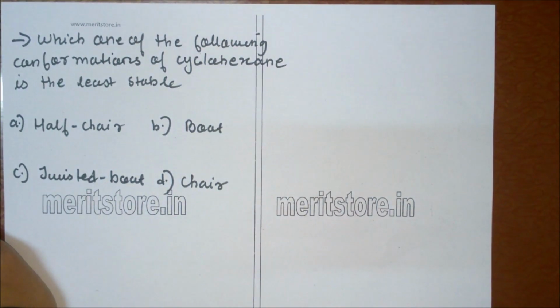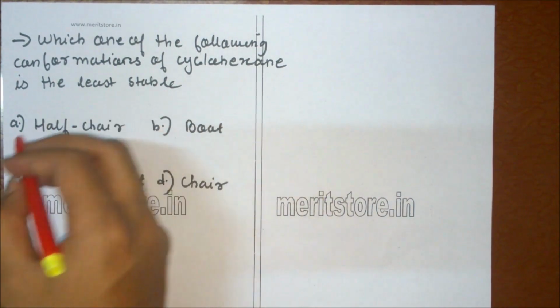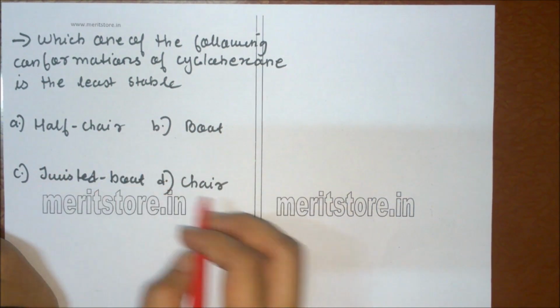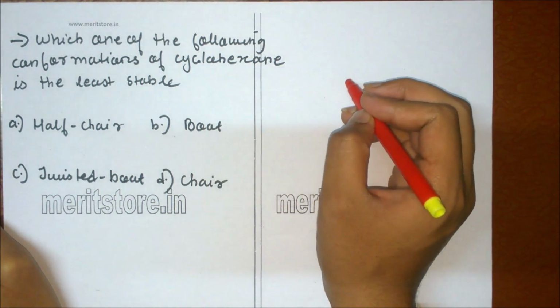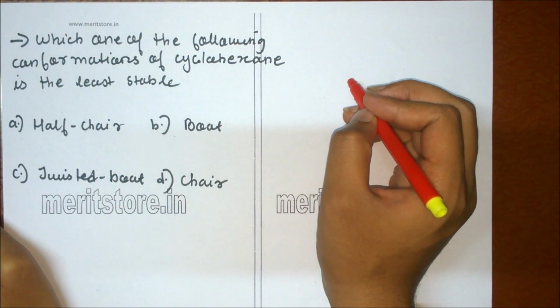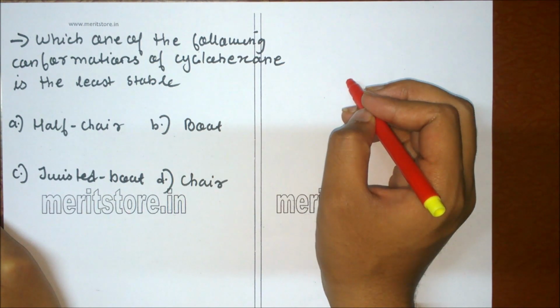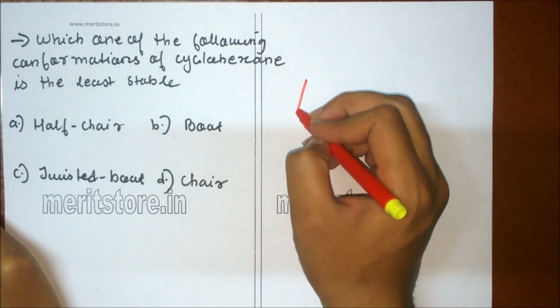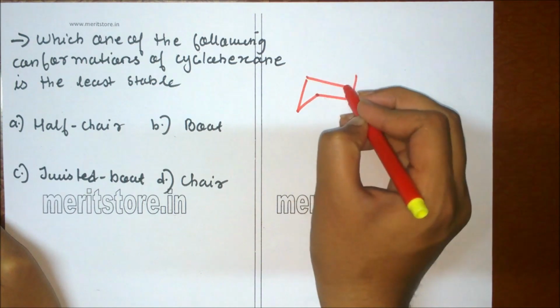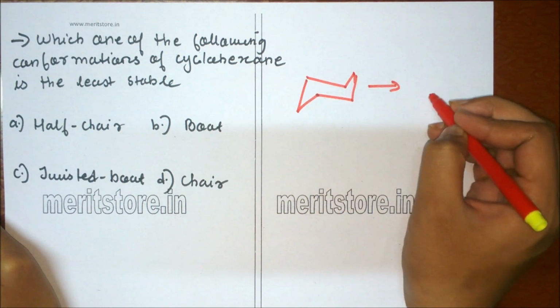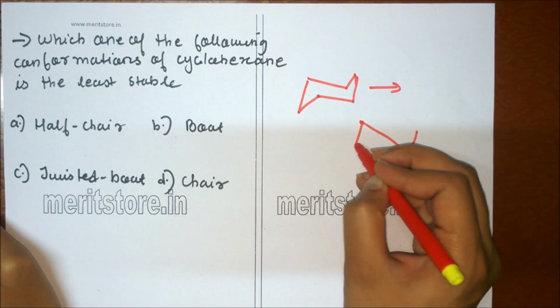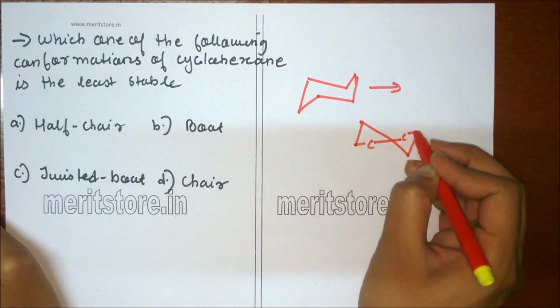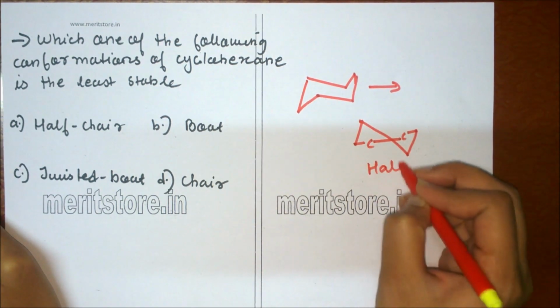Which one of the following conformations of cyclohexane is least stable? A. Half chair, B. Boat, C. Twisted boat, D. Chair. The half chair can be attained by moving the carbons C1, C2, C3 and C4 of the chair conformation. The structure of the chair conformation will be this, while that of the half chair is this.